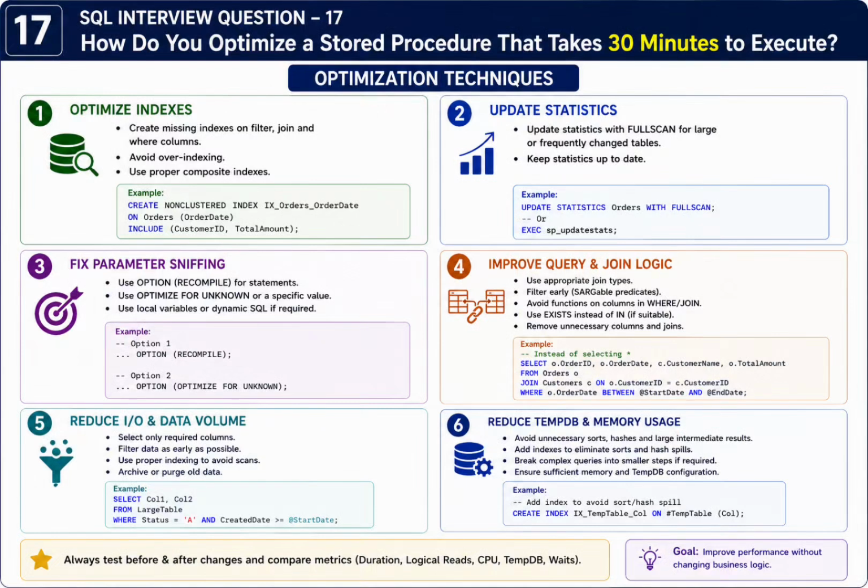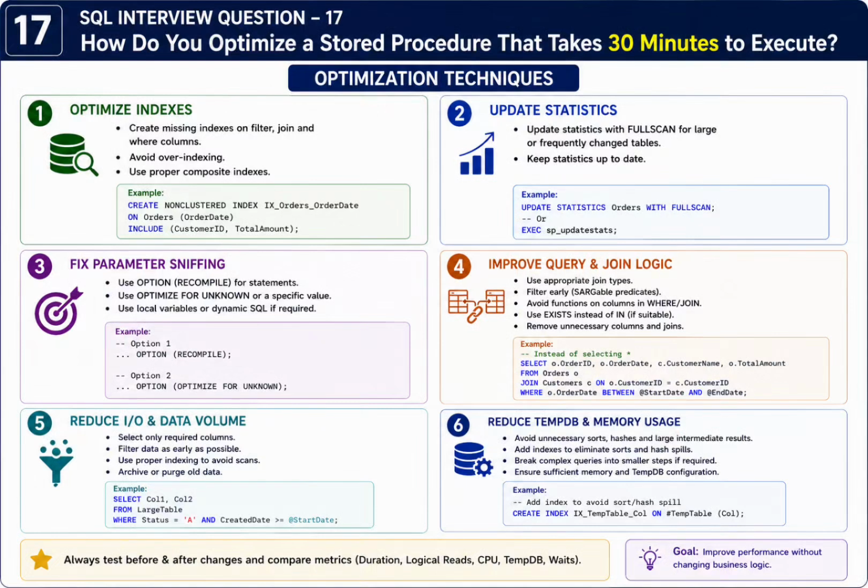Sometimes updated statistics alone significantly improve performance because SQL Server generates a better execution plan. If parameter sniffing is the issue, we can use techniques such as OPTION (RECOMPILE), OPTIMIZE FOR UNKNOWN, or local variables. The solution depends on the business requirement.